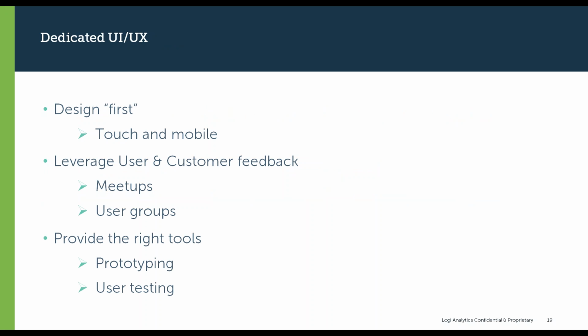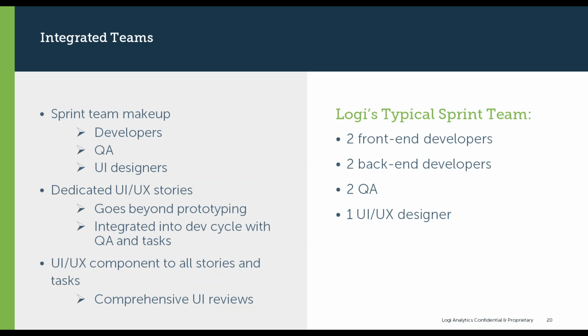As we integrated that team and started using it, we started with a design-first approach. It's about, again, taking all those concepts that we were talking about before, about how they consume it, how they use it, leveraging customer feedback through things like meetups and user groups, allowing us to do quick prototyping and user testing, taking all that feedback and tying it into our dev cycle as a whole. We actually ended up taking those UI UX teams and pairing them up with the rest of our sprint team.